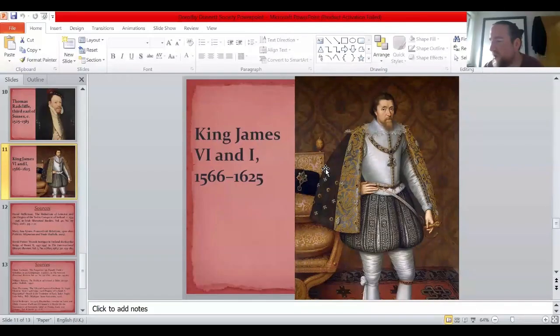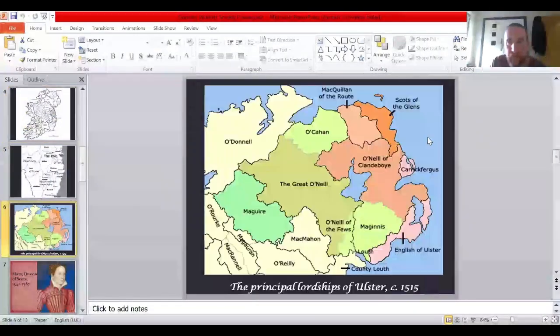Now, up until the end of the reign of Elizabeth, the MacDonald presence in Ulster had still been perceived as a problem, especially because you have Scottish mercenaries, and it's not just in the northeast. So just to go back to this map, it's not just here.